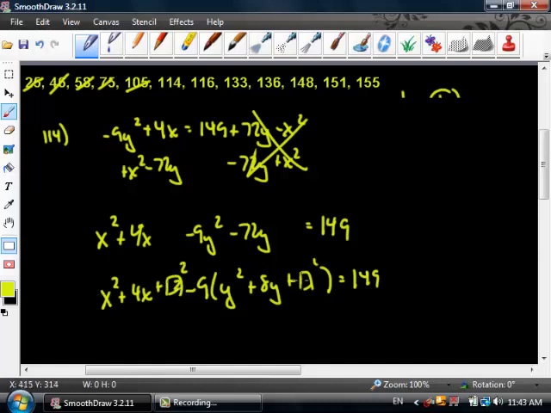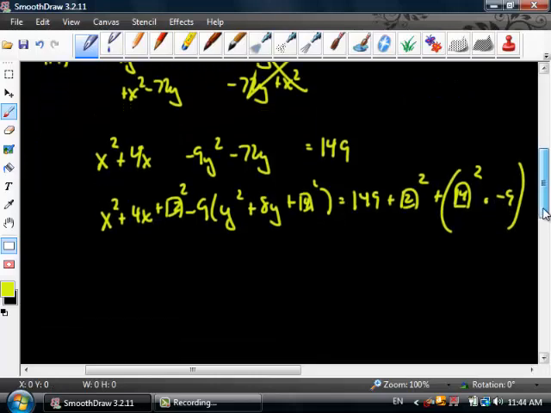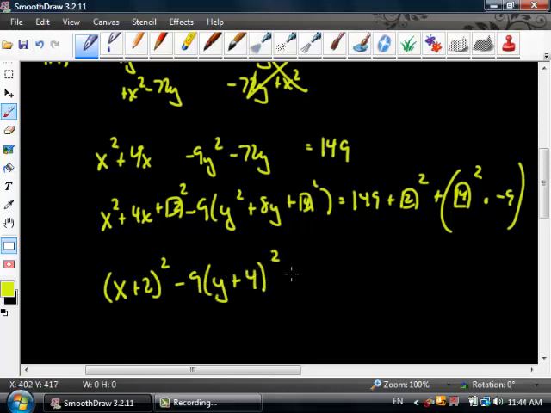So inside the boxes goes a 2 and a 4. Remember, the 4 gets multiplied by negative 9. So I got x plus 2 squared minus 9 times y plus 4 squared equals, well, that's 4.